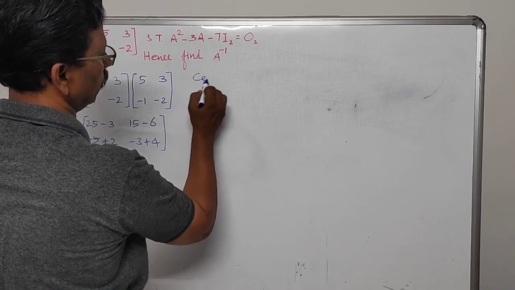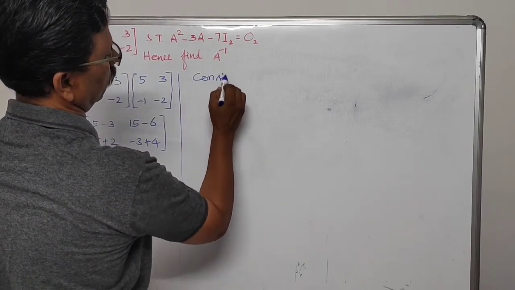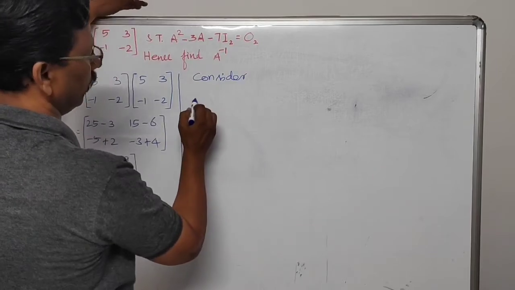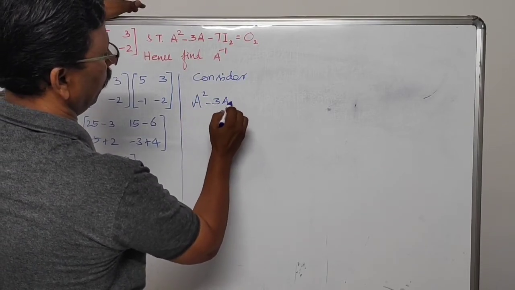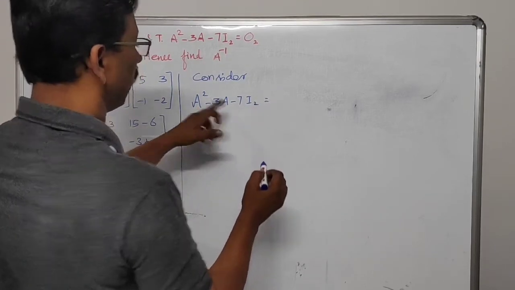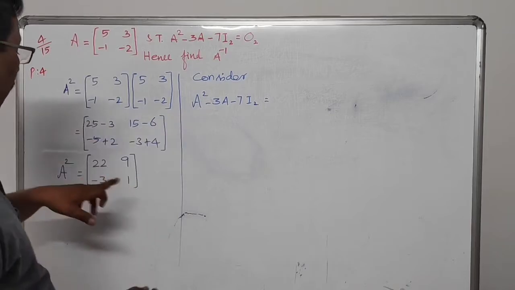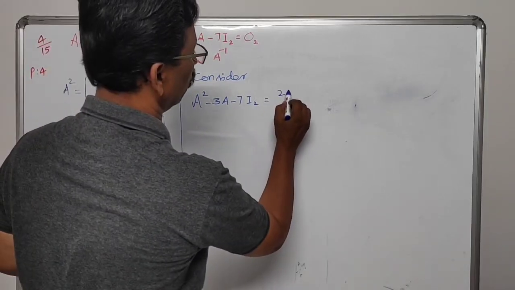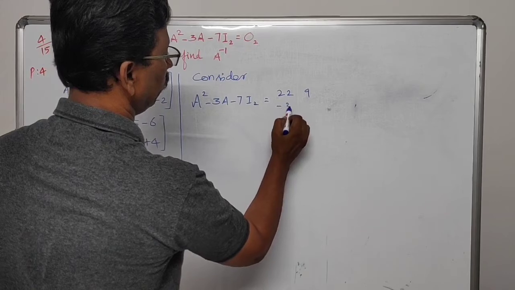Just consider this A square minus 3A minus 7I2. Now we have to prove this value equal to 0. Therefore, first we can replace this value. A square equal to 22, 9, minus 3, 1.